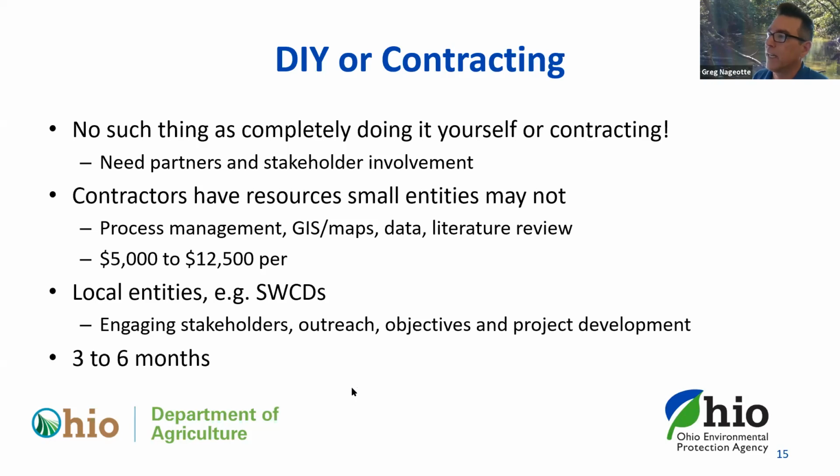They understand the data and know how to present it, and are really good at things like literature review and beating the bushes for all the sources of data. They usually produce a more professional looking document. We've found that this costs between $5,000 to $12,500 per plan. It's a real rough estimate.